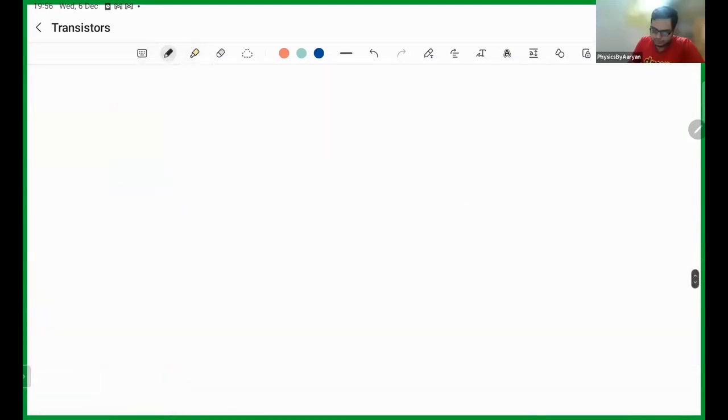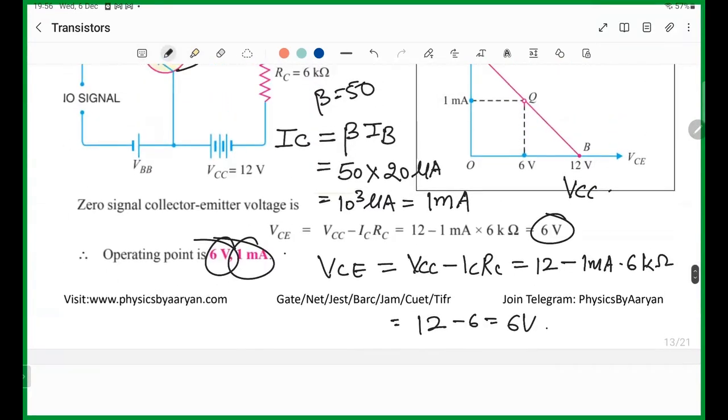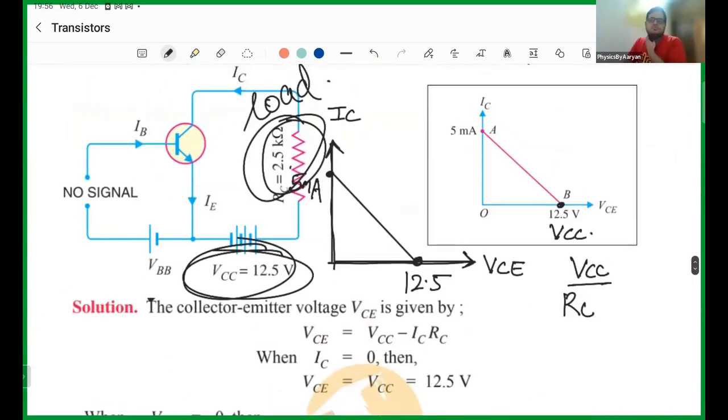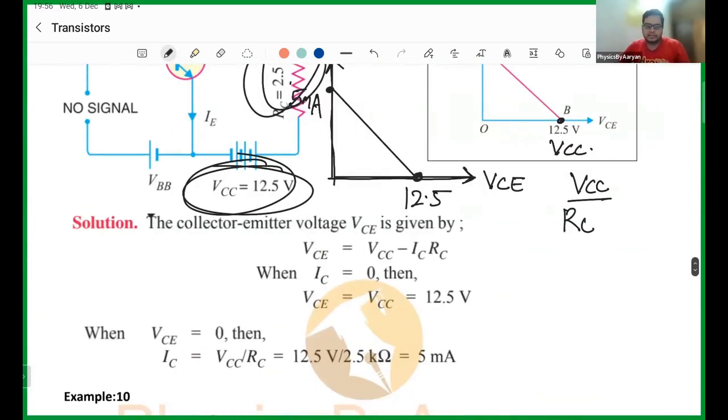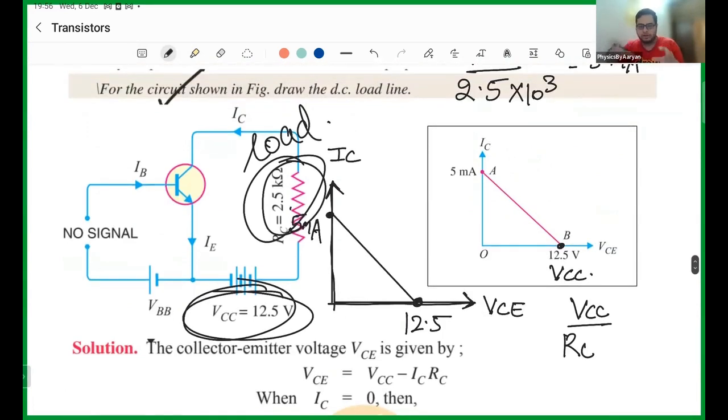Hello, sir. Yeah, please. Sir, in the last question, there was no signal applied. So how did the base current come? Okay. First, understand the transistor as an individual entity. It's a dynamic component. The transistor is capable of working on its own, whether you apply a signal or not.